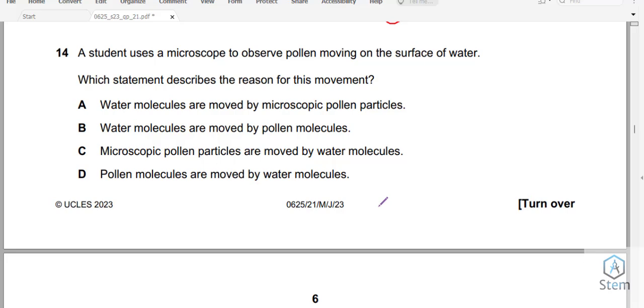A student uses a microscope to observe pollen moving on the surface of water. Which statement describes the reason for this movement? Water molecules are moved by microscopic pollen particles. Okay, before we answer this question, we are talking about Brownian motion.